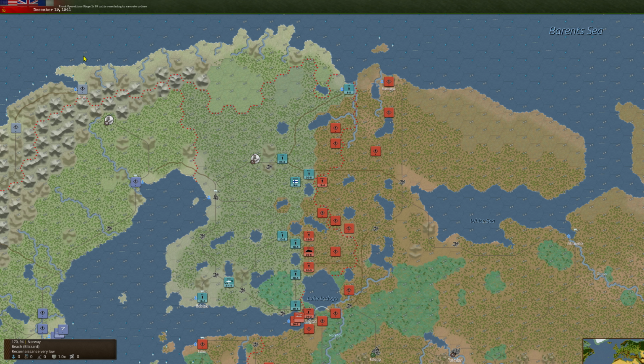Uh-oh. They're moving to cut off Potsdam garrison. I guess I'll have to move them down.